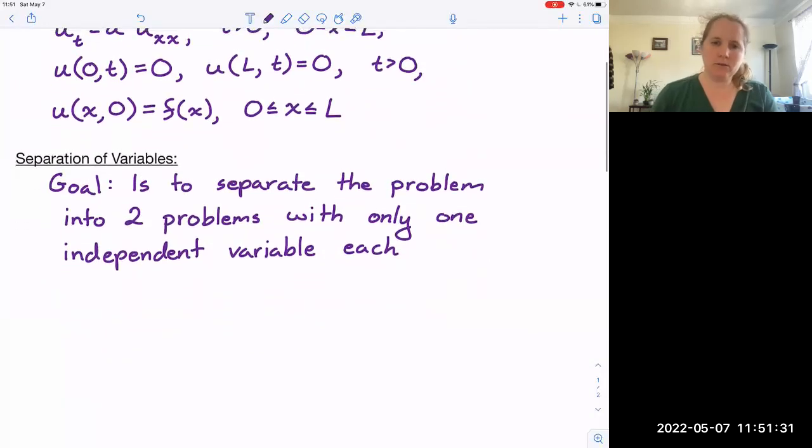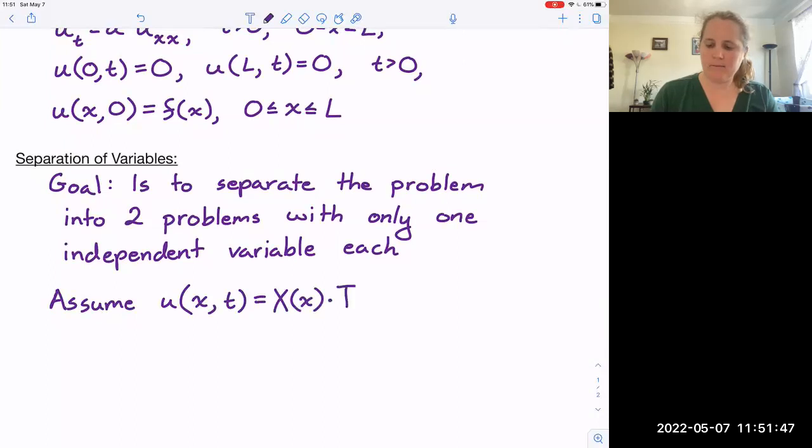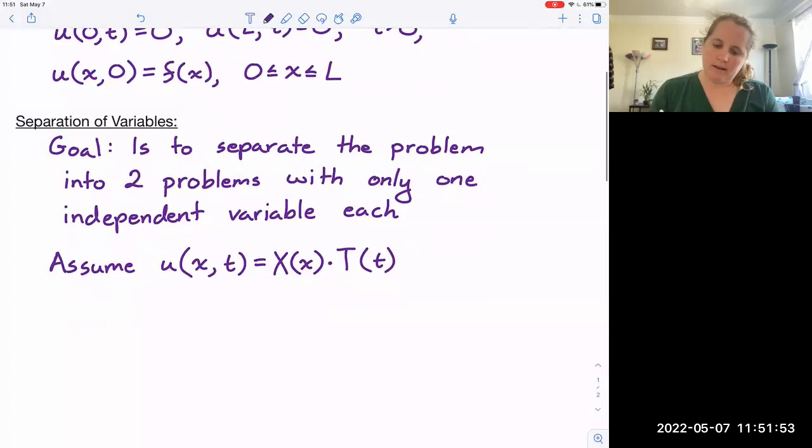So what we are going to do is assume that u(x,t) can be written as a function capital X of x times capital T of t. Then the first partial with respect to t is just capital X times T prime.